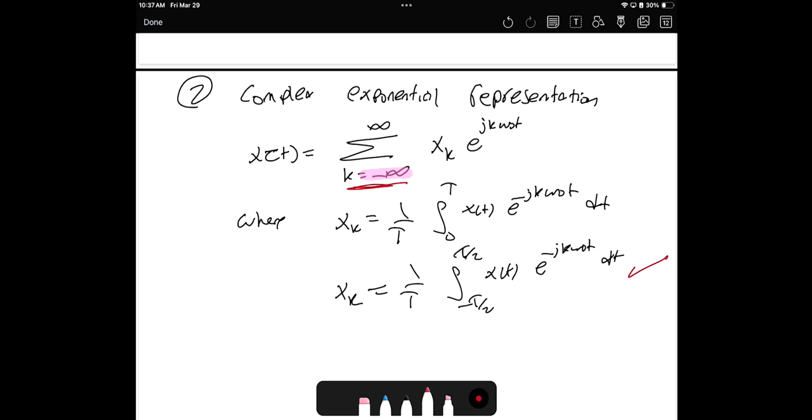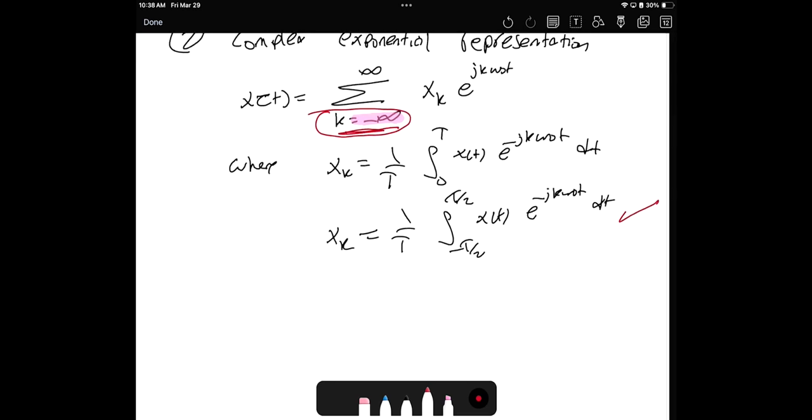We will say from negative infinity to infinity, so k can be any negative number: negative 1, negative 2, negative 3, up to 1, 2, 3, 4, etc. So these two important things: no more AK, BK, CK, A0. Here we have only one, and k goes from negative infinity to infinity. This is the difference between this and the others, which just said from k equal 1.